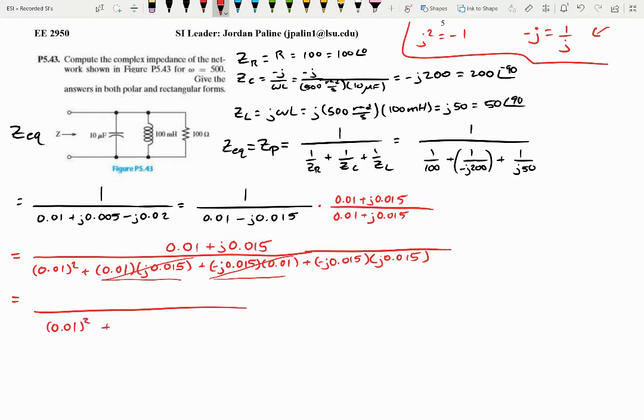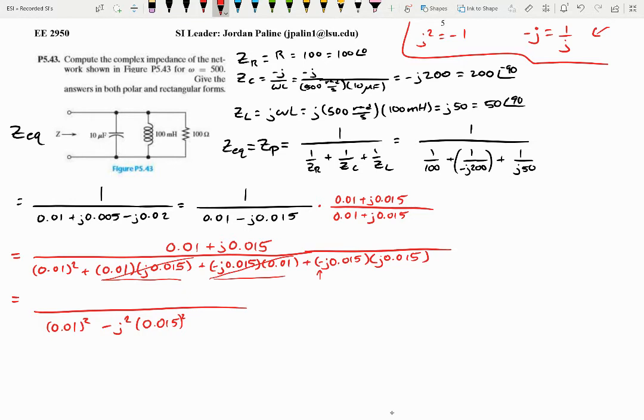Then I'll have my plus j times, pulling this negative out, negative j squared, 0.015 squared. Okay, just multiplying the magnitudes now.